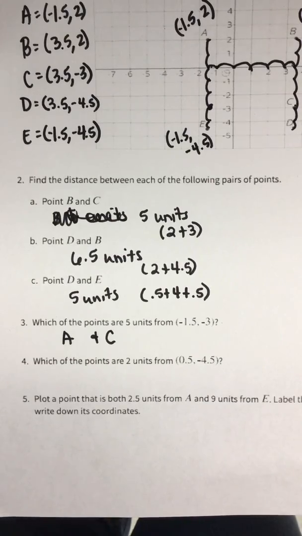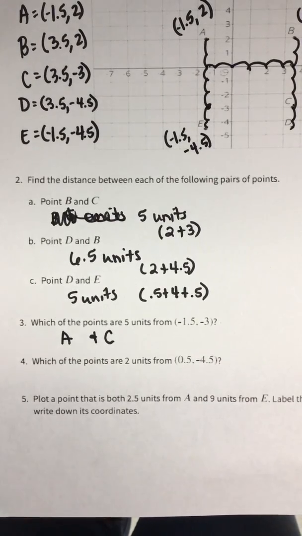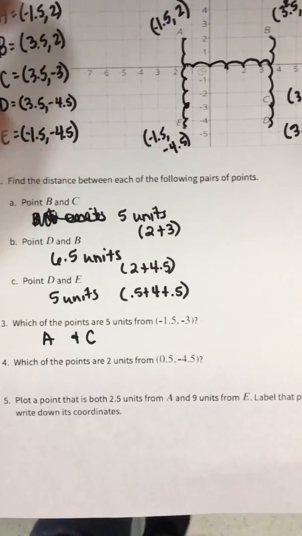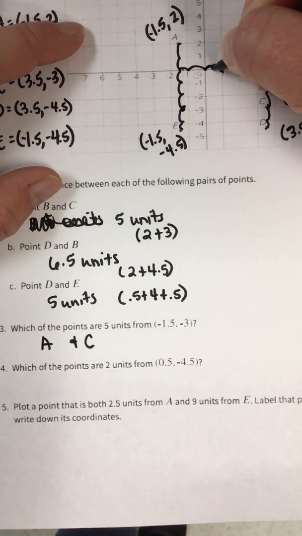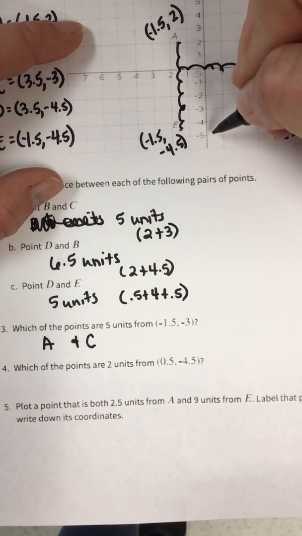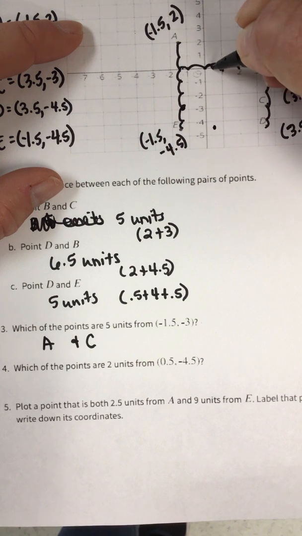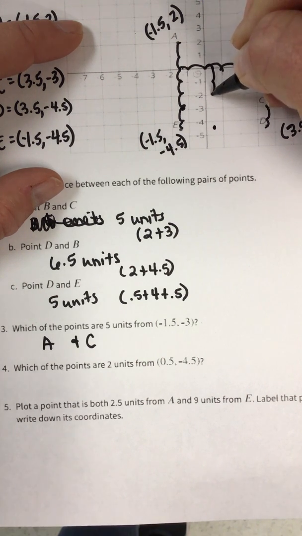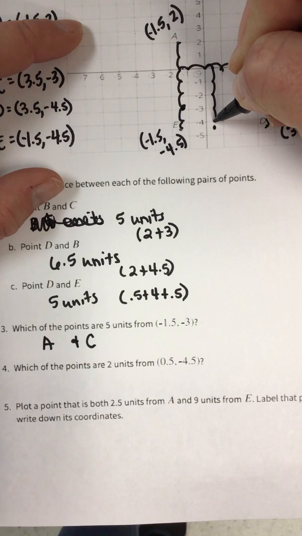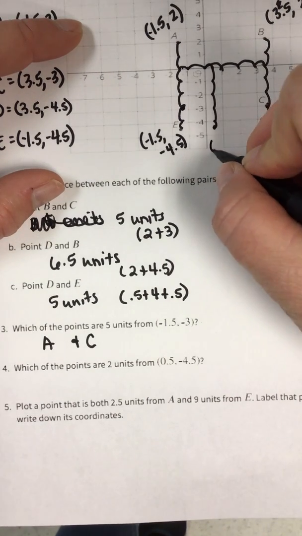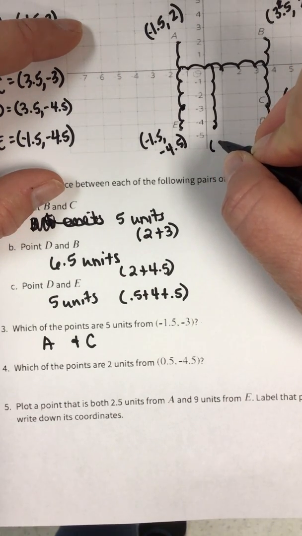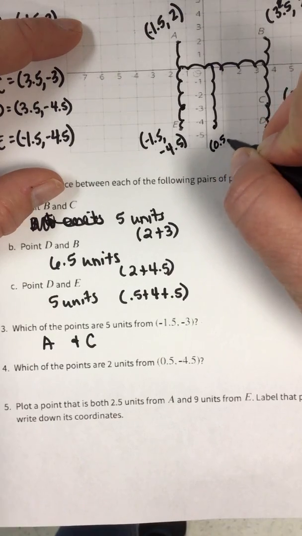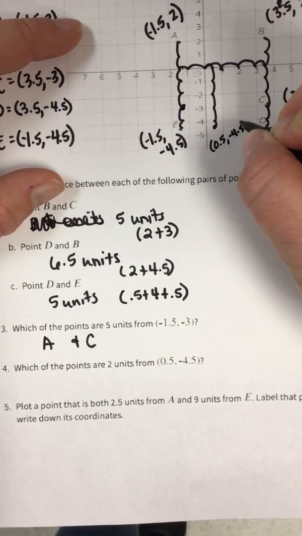Which of the points are 2 units from 0.5, -4.5? All right, so we're going to hop over half here, and then we're going to go down 4.5. So that'd be 1, 2, 3, 4, and then a half. That'd be 0.5, and that'd be -4.5.